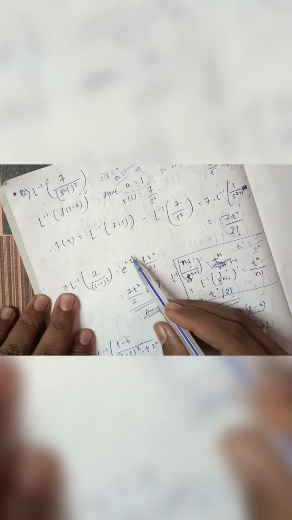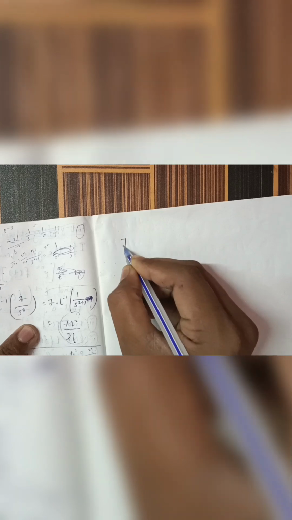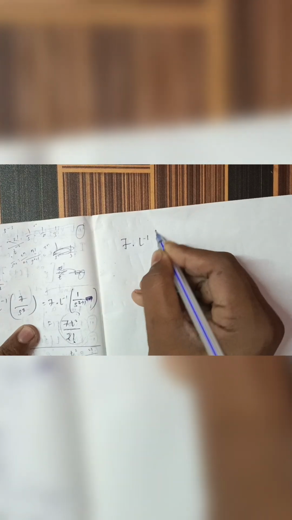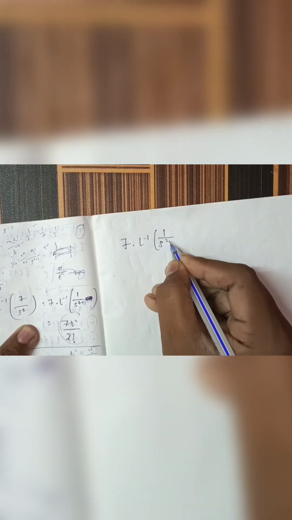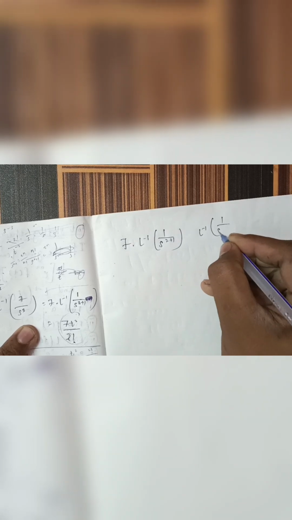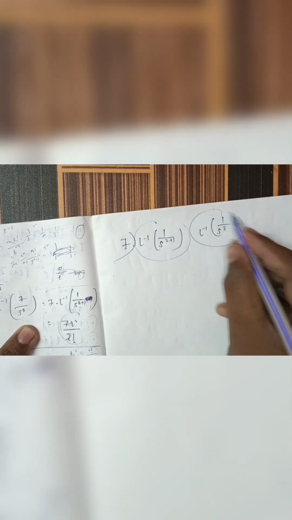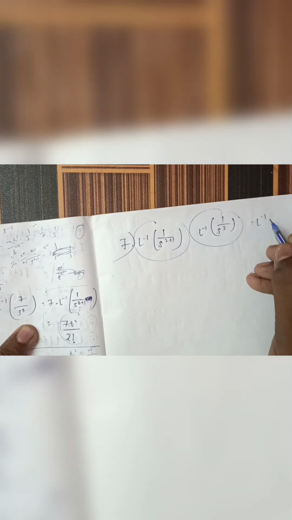Now we just have to multiply by e to the power t and we get the final answer. Now see, I will explain it easily. 7 into Laplace inverse of 1 by s cube. Forget the 7 and just see this term, s cube.